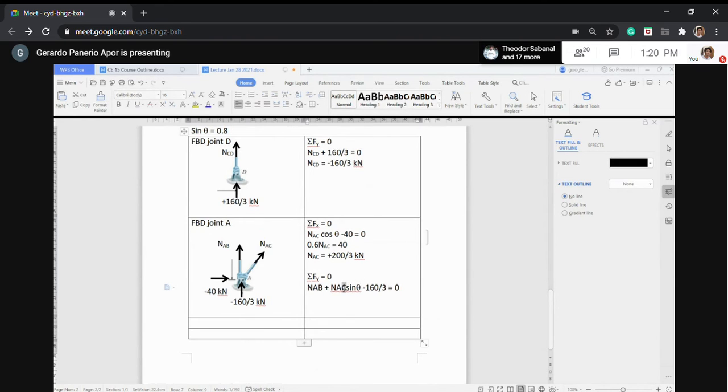Then we can solve for N_AB. That is equal to 160 divided by 3, transposed to the other side, minus N_AC, which is 200 divided by 3 times sine of theta, which is 4 over 5.